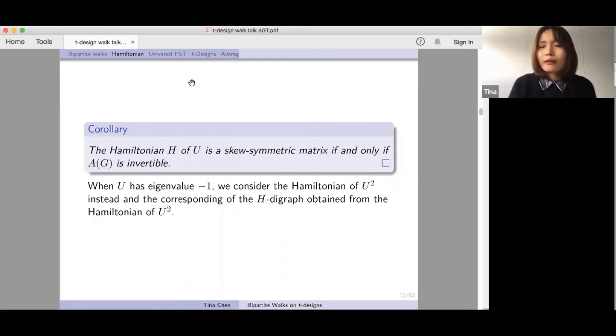When U has an eigenvalue of -1, instead of considering the Hamiltonian of U, we consider the Hamiltonian of U squared. In that case, we get rid of the eigenvalue -1, and then we study the corresponding H-digraph and H-graph of the Hamiltonian of U squared.